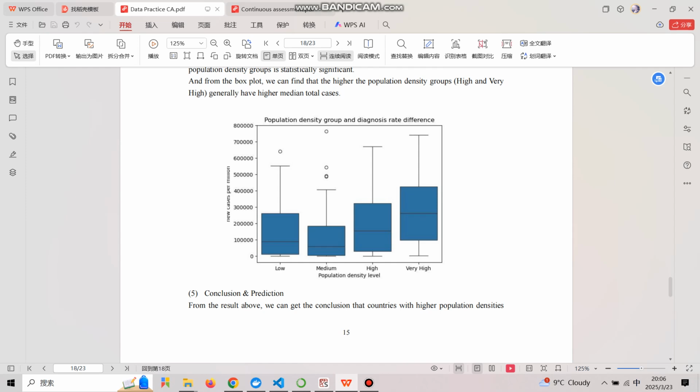Also, I used a box plot to show that in the high and very high population density countries, new cases are higher than in the medium and low density countries.